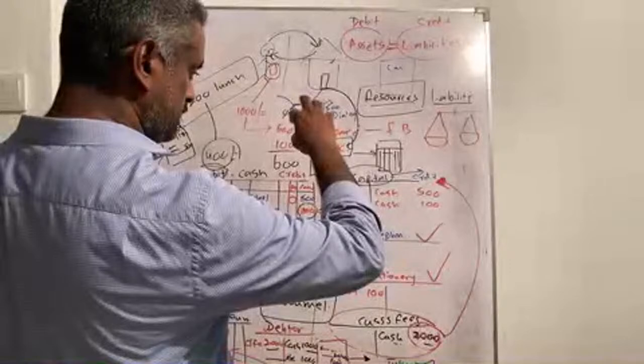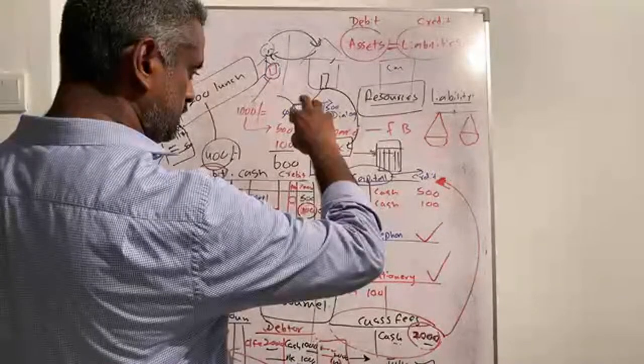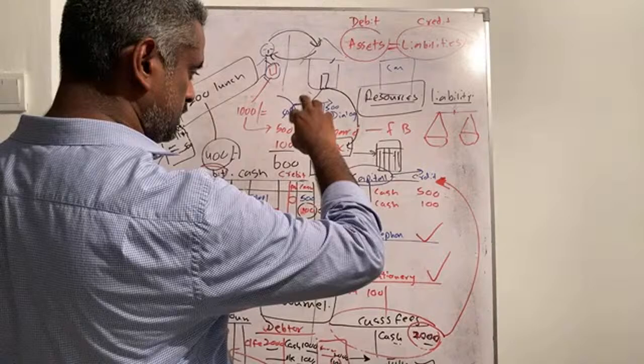Right? 100 then 500. Then revenue 2000 and money received 1000, and the balance is 1000, that is debtor. Debtor is the money that you will receive in future, right?